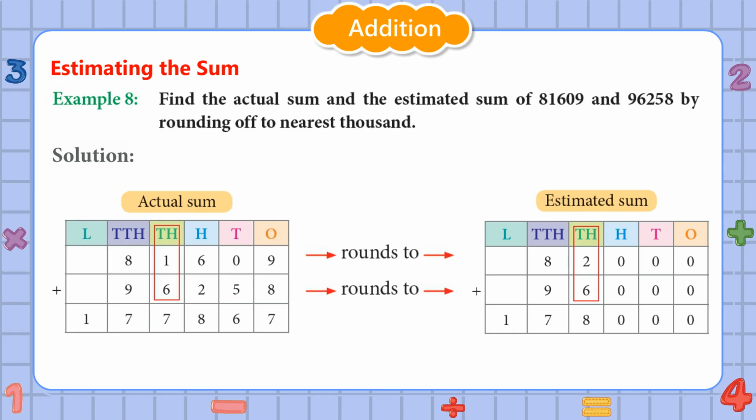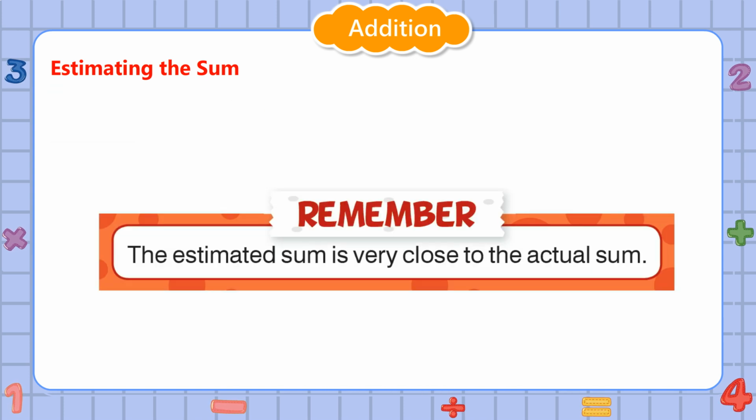Estimated sum: 81,609 rounds to 82,000 plus 96,258 rounds to 96,000 is 1,78,000. Remember, the estimated sum is very close to the actual sum.